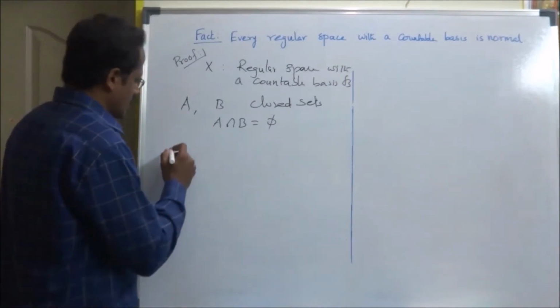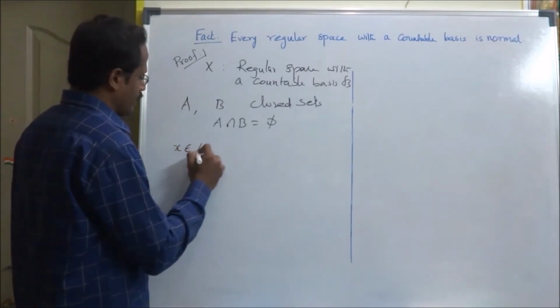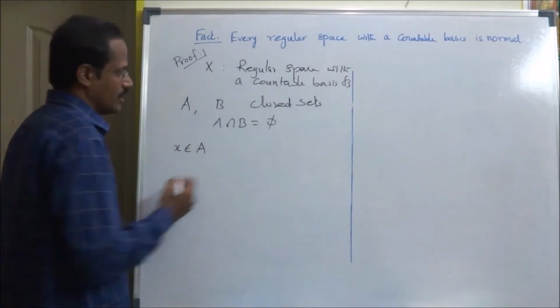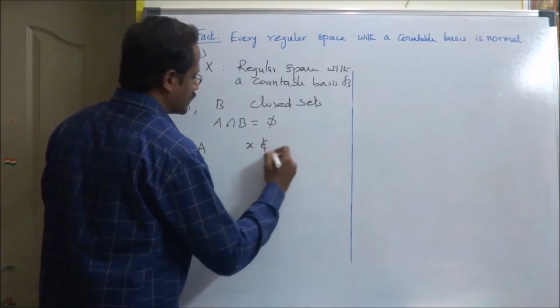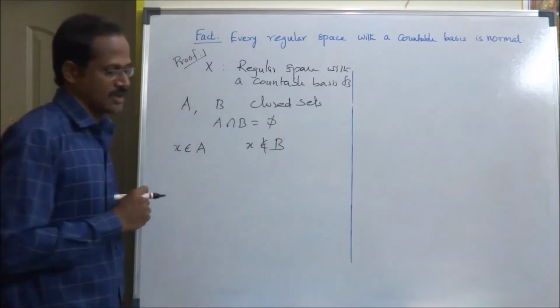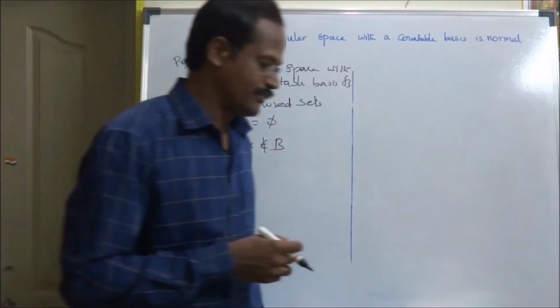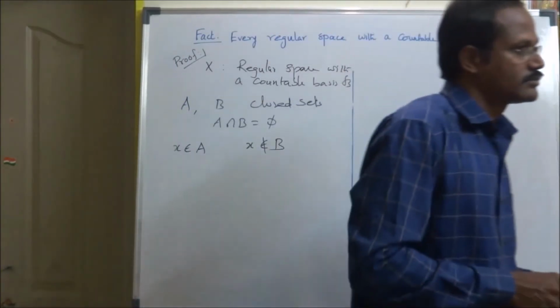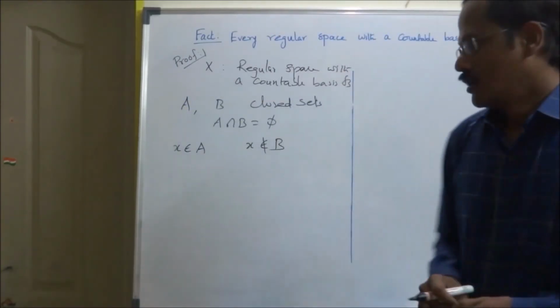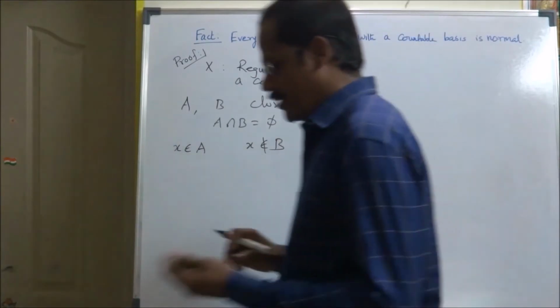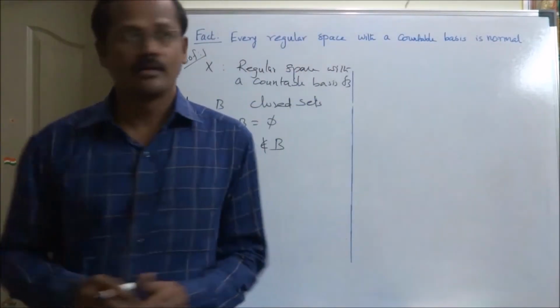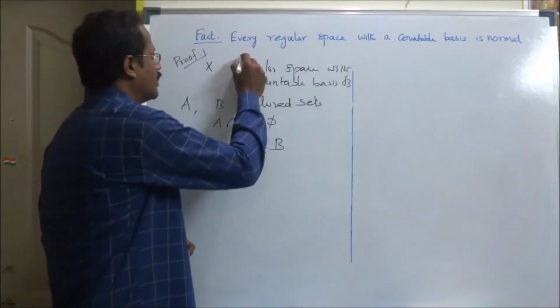You take a point x of A. Then definitely x is not a point of B, because A and B are disjoint closed sets. Now here you have a point and a closed set not containing the point. X is a regular space.